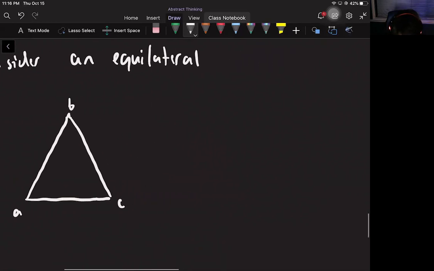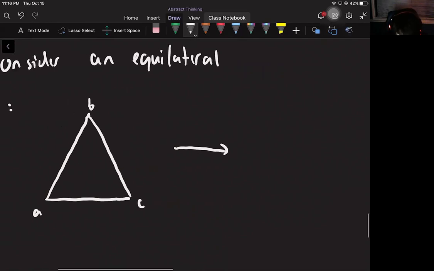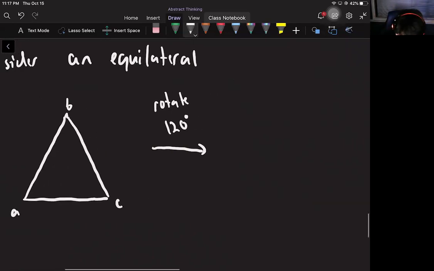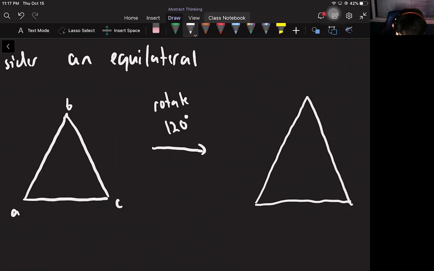So what you should notice is if I rotate this triangle by 120 degrees, it just gives you the same triangle, except that the letters have moved. So I'm rotating this way.